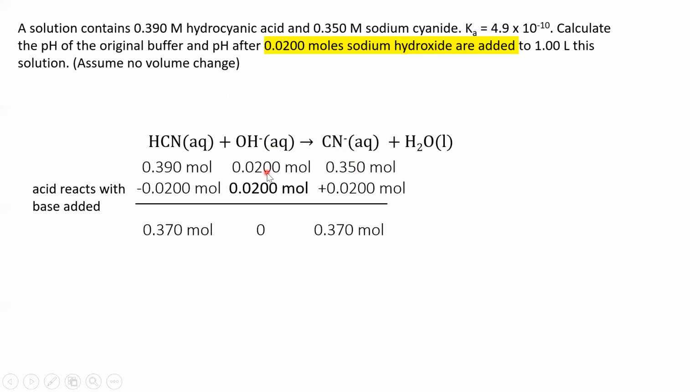And now we're adding a strong base to it. And again, that strong base, as long as we're within the limits of the buffer, is going to be completely consumed by the acid component in the buffer. So none of the hydroxide will be remaining.